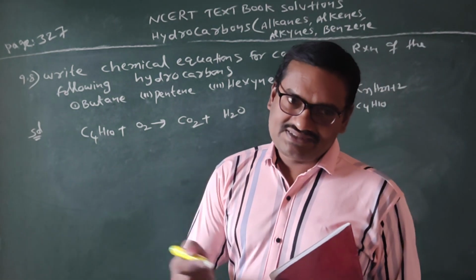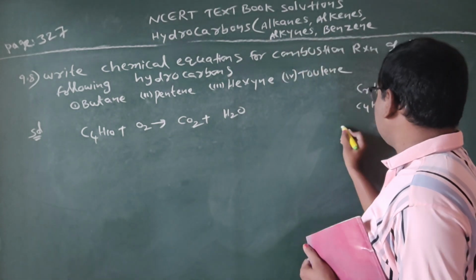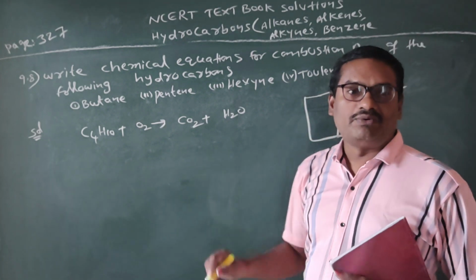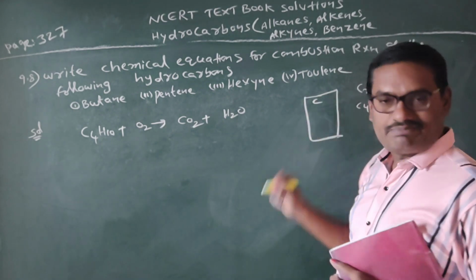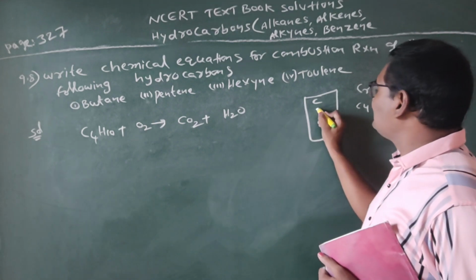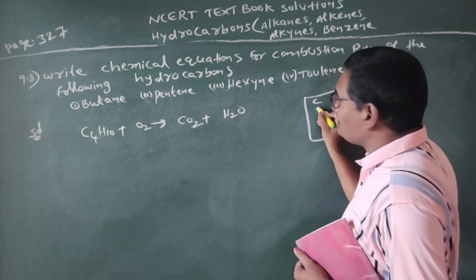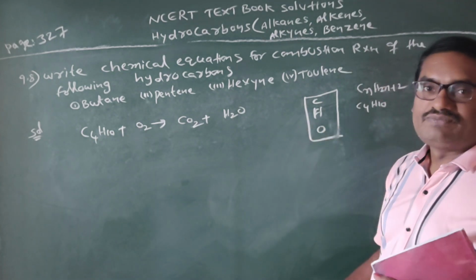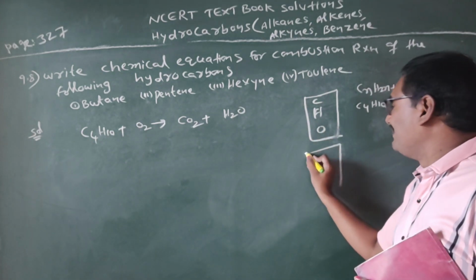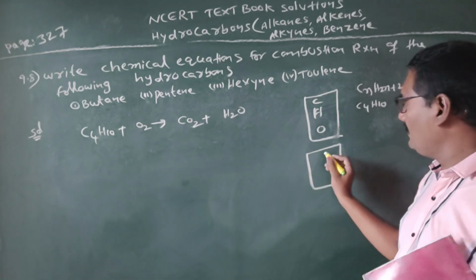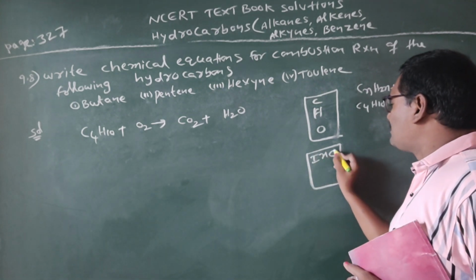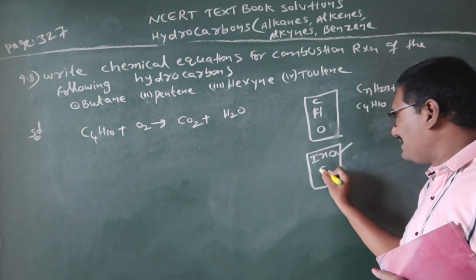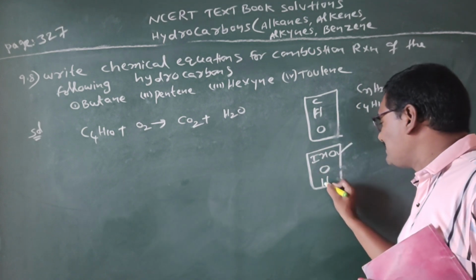Then we will balance. The rule is, for organic compounds, first balance carbon, next balance hydrogen, next balance oxygen. For inorganic compounds, first balance the inorganic compound, next balance oxygen, next balance hydrogen.